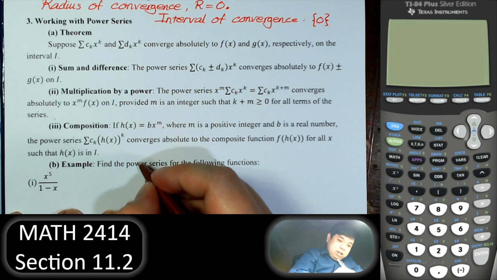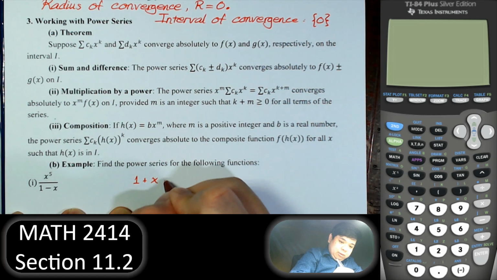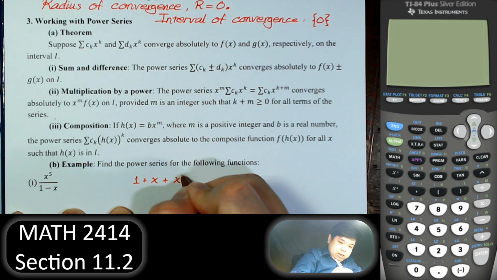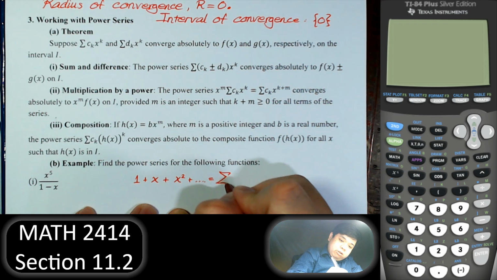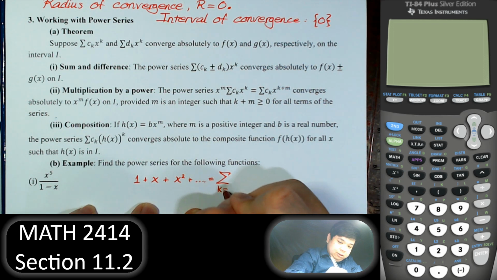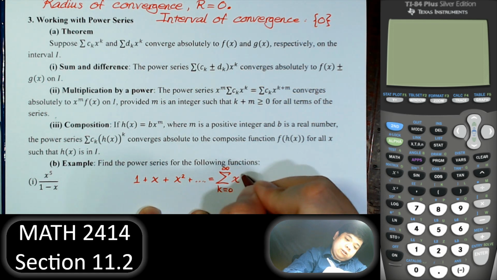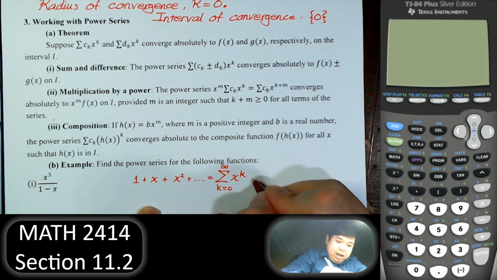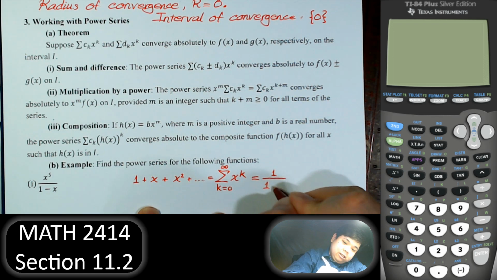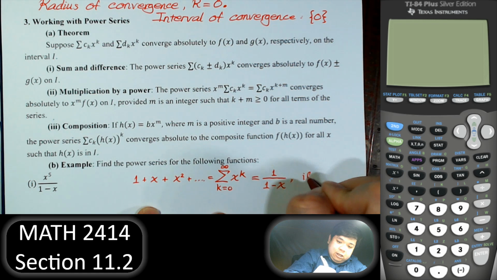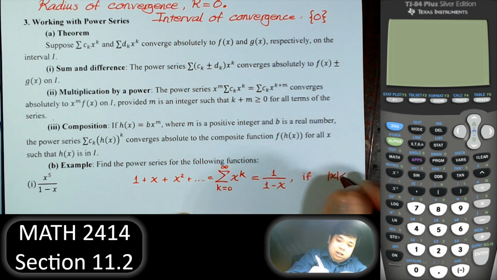So I will write, if we have 1 plus x squared, or we can put this as a power series, and that equals 1 over 1 minus x if the absolute value of x is less than 1.